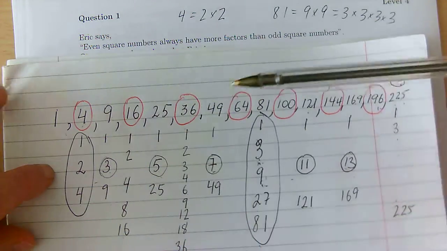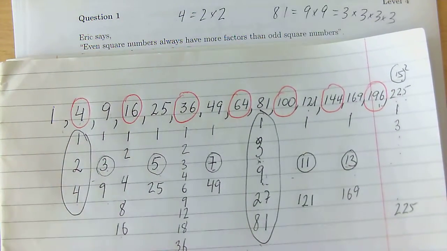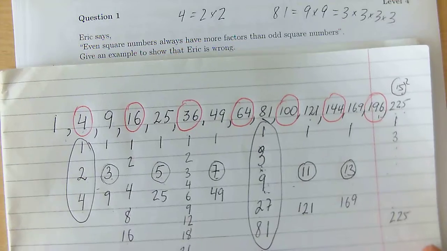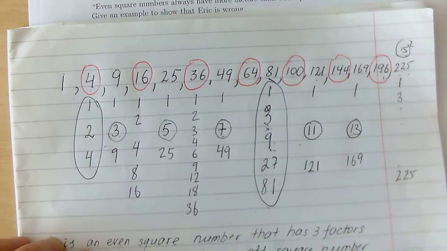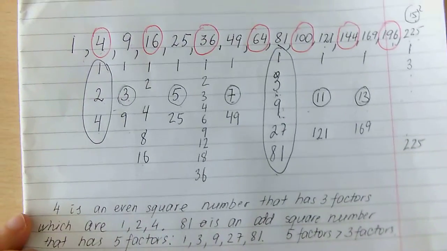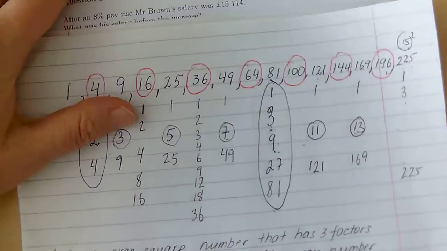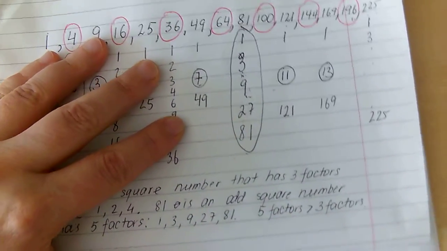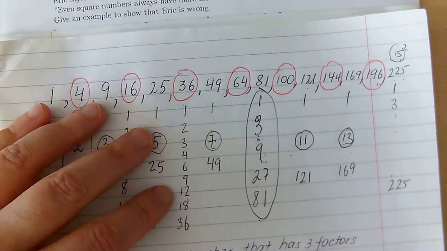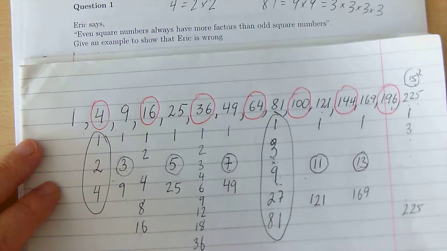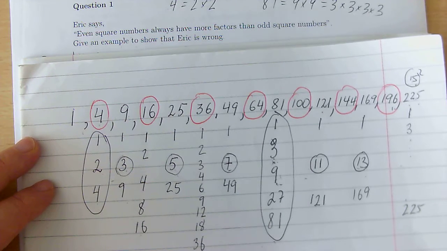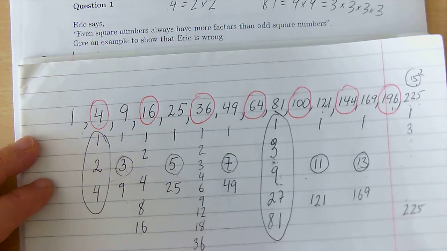The best way to write the statement is to refer to the question itself. Here is what I wrote for you, an answer referring to the question, about even square numbers, factors, and odd square numbers.